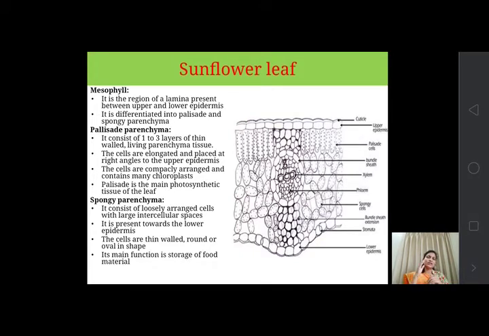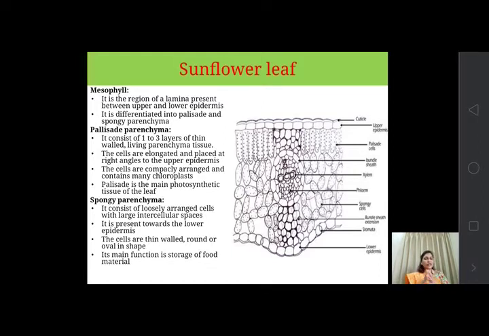Okay, so the cells of these spongy parenchymatous tissues are thin walled, rounded, or oval in shape. They also contain chloroplast pigments, but their main function is to store the food material. So palisade parenchymatous tissues are the main photosynthetic tissues.